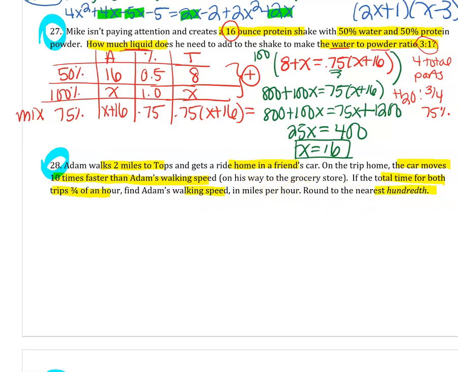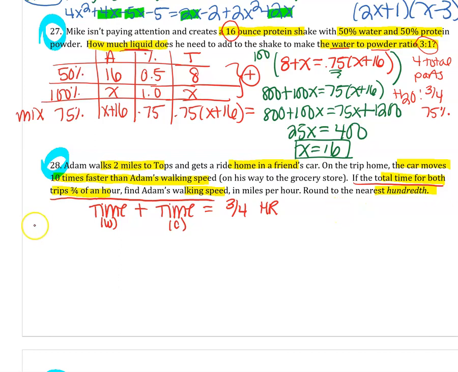All right, so big sentence here is that the total time for both trips, so between going to Tops walking and then getting a ride home, is 3/4 of a mile, or 3/4 of an hour, excuse me. So I want to write down time plus time equals 3/4 of an hour. Now this is time walking plus time in a car.